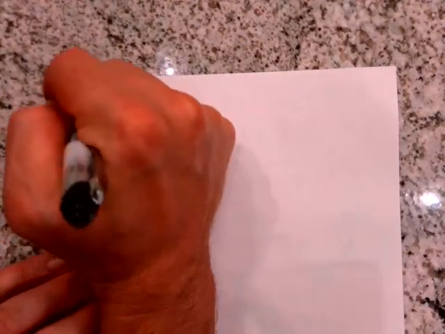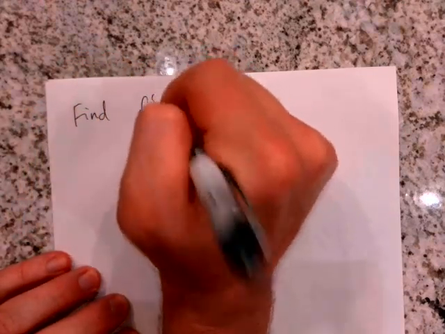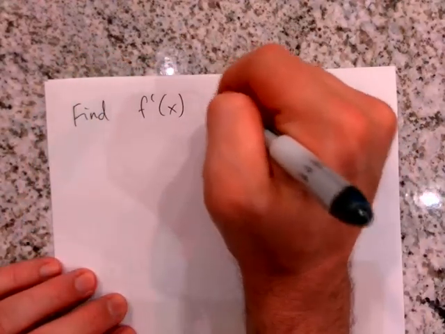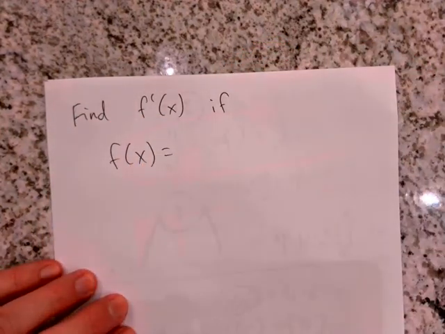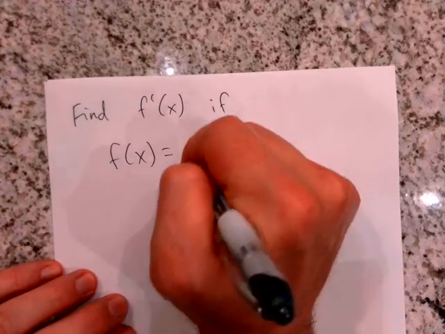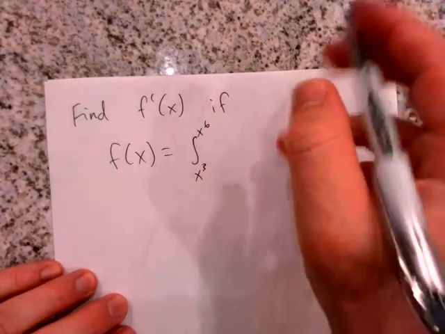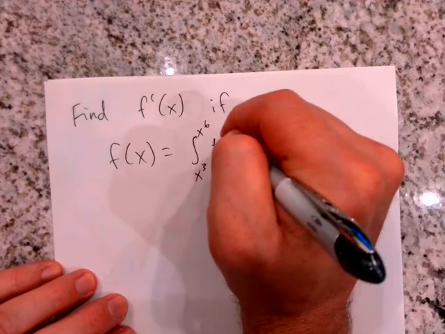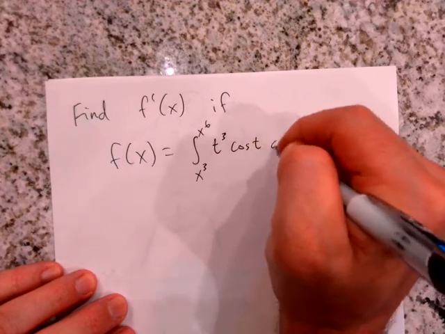One last example. Let's find f prime, given that f of x is the integral from x cubed to x to the 6th power of t cubed cosine t.